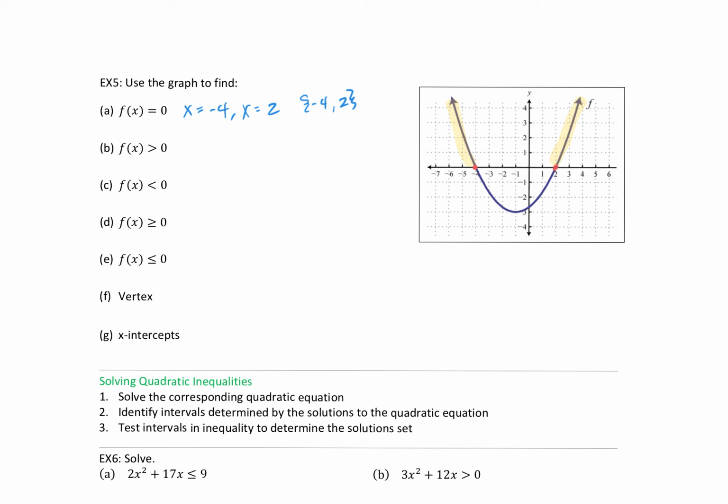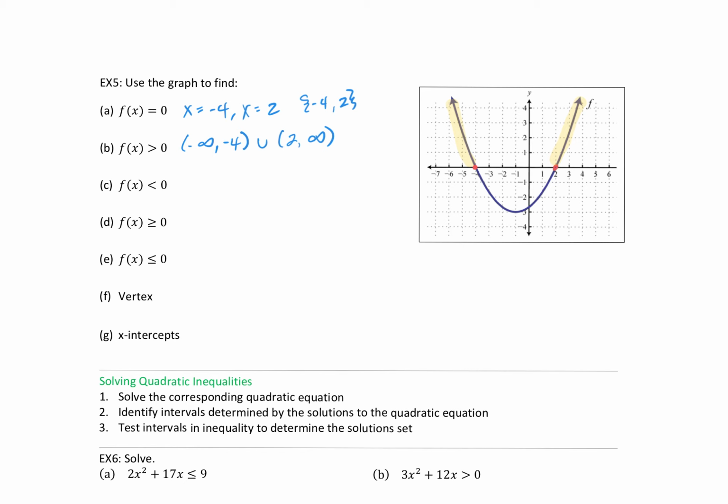That would be, in set notation, -infinity to -4, parenthesis, because it's strictly greater than. And then a union, 2 to +infinity. Again, that's a parenthesis. We don't include the 2 because that's when it's equal to 0, not greater than 0.